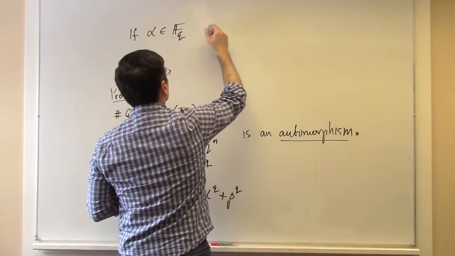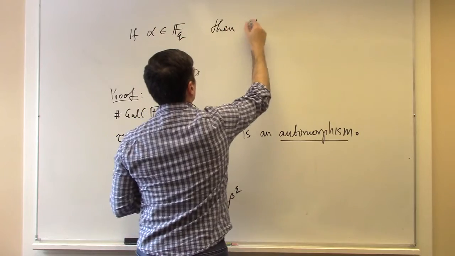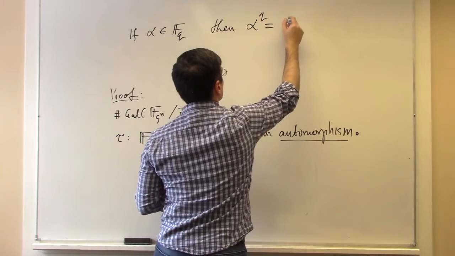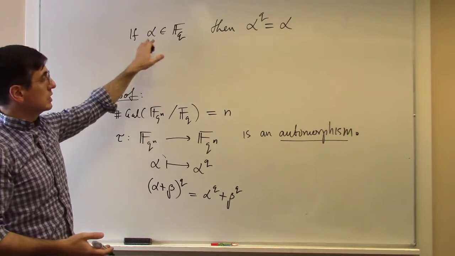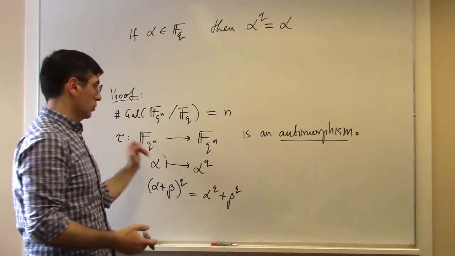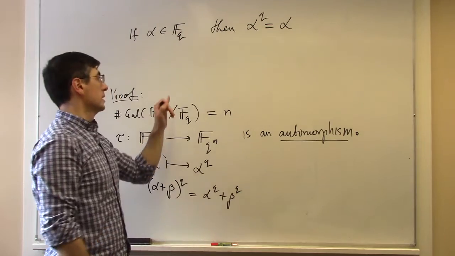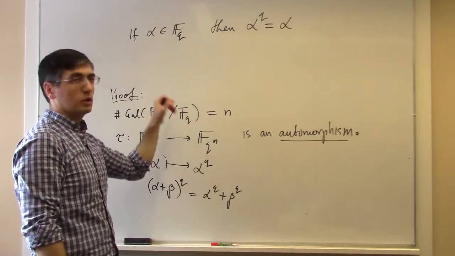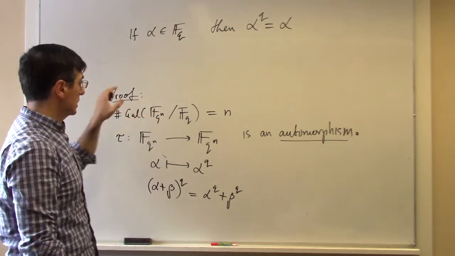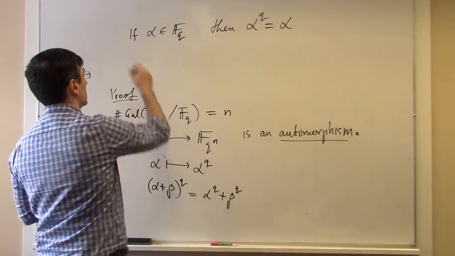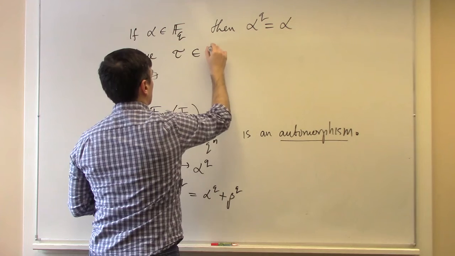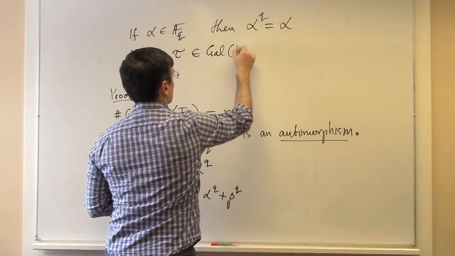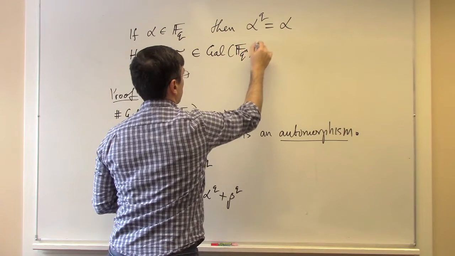So then alpha q is just alpha, by the way this field was constructed. So this automorphism is not just an automorphism of this field, but it fixes Fq pointwise. So it's an element of the Galois group. Hence, tau belongs to the Galois group.